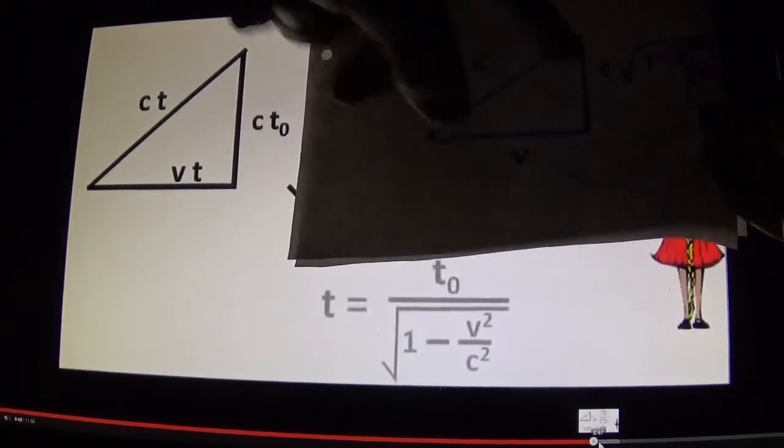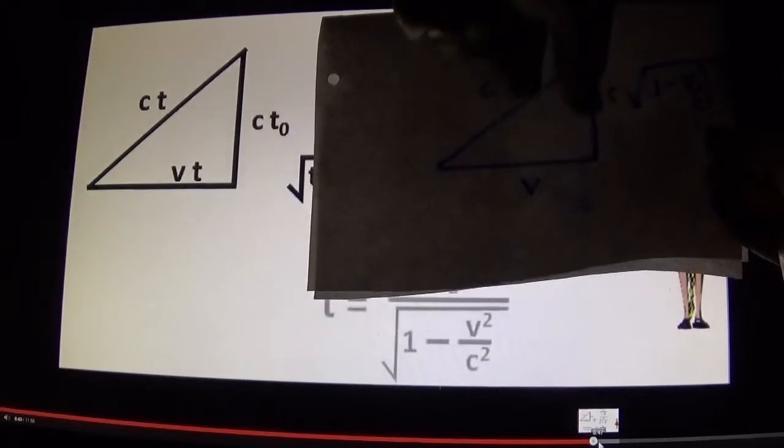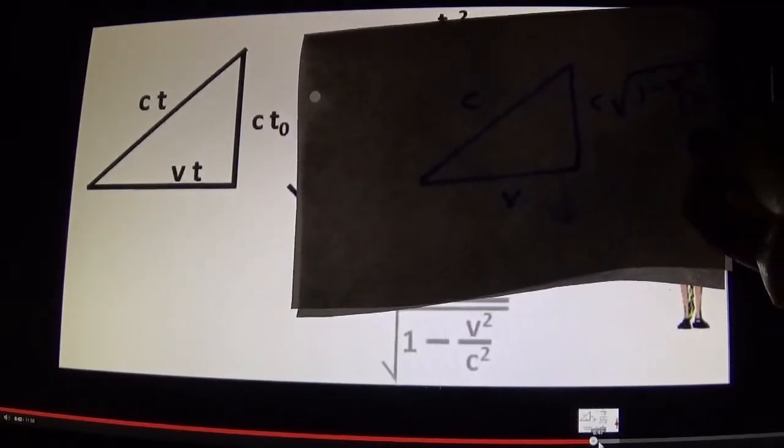So instead of having a variable light speed along there, they're putting in this t0. They're hiding variable light speed by use of t0.